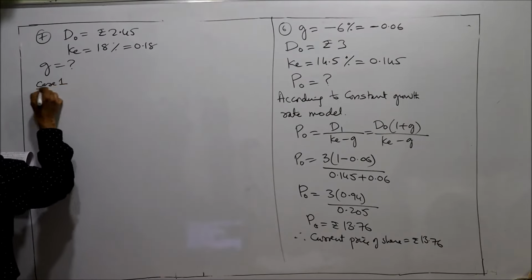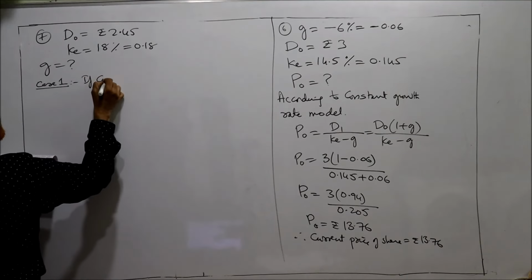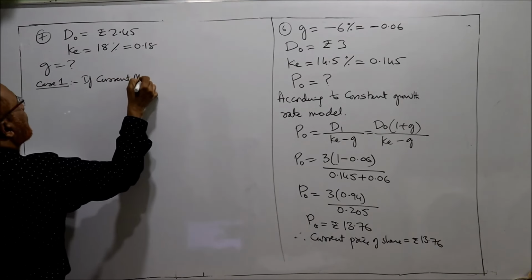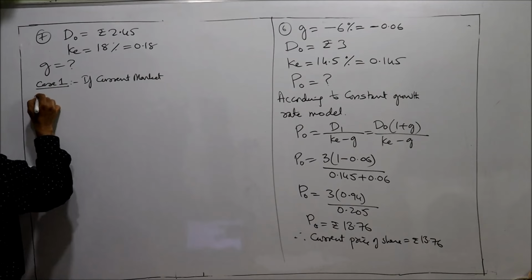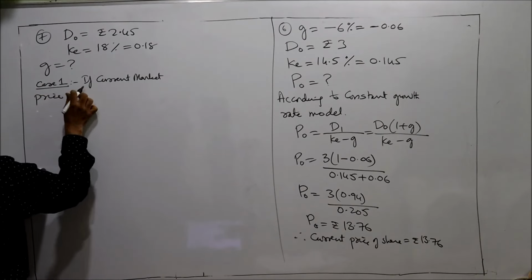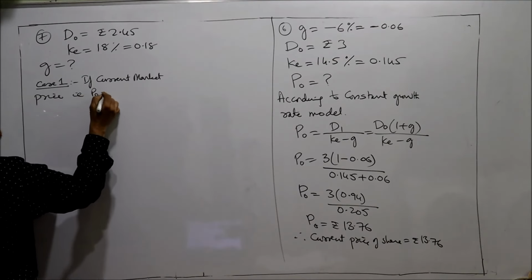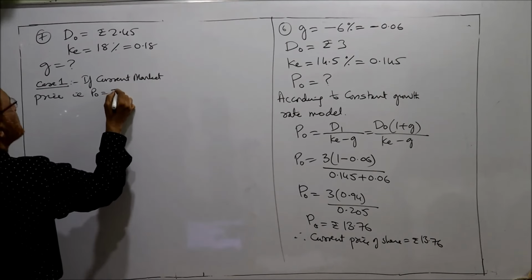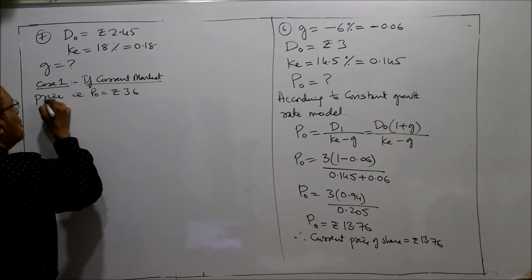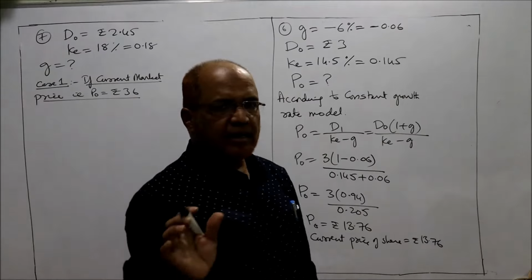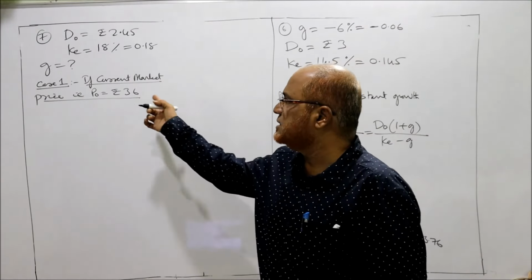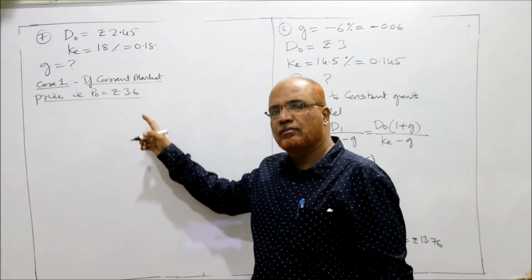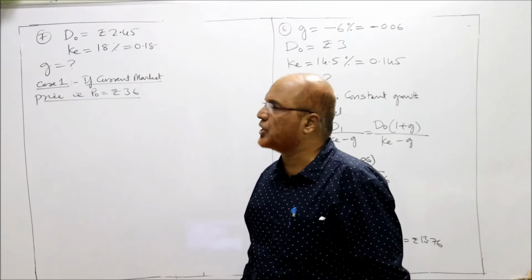Case 1, if the current market price, that is P0, is equal to rupees 36. Then we will take the second market price 63.